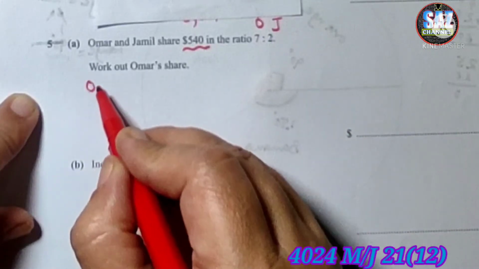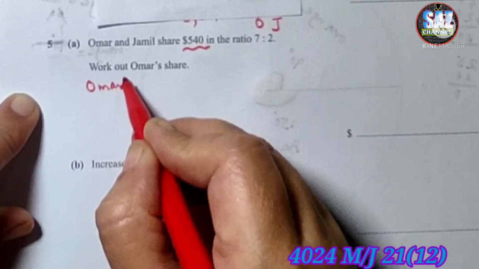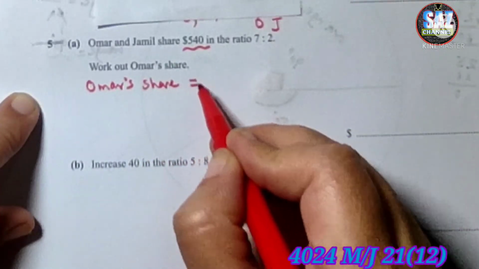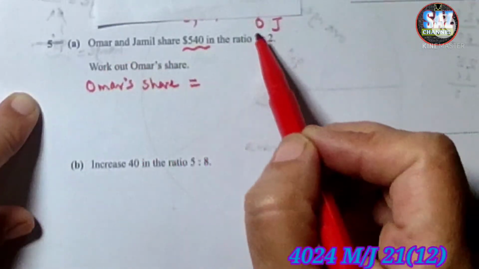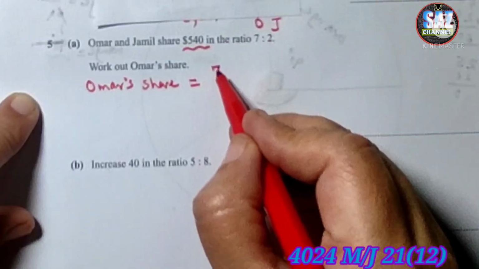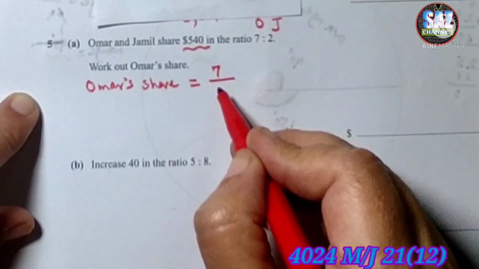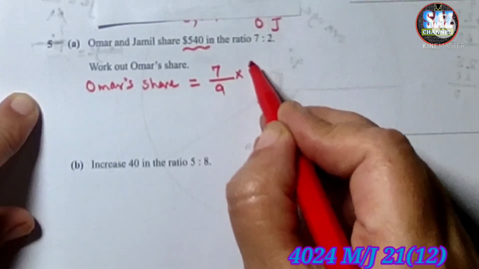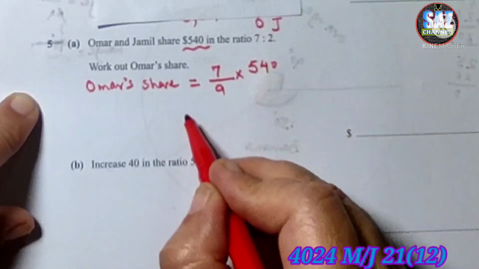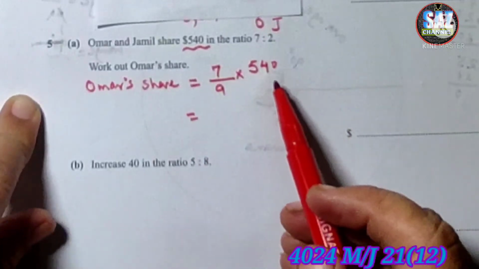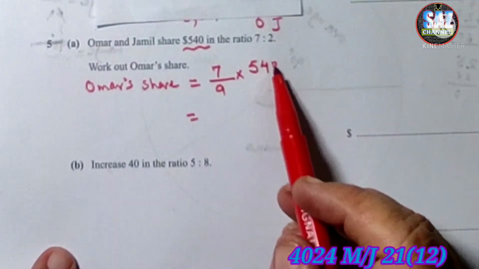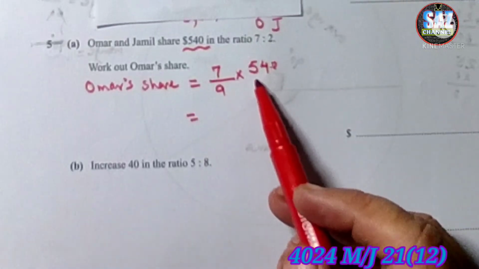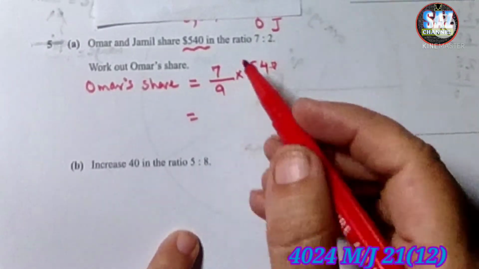So Umar's share will be equal to the proportional part of Umar, that is 7, by the sum of the ratios 7 plus 2, which is 9, multiplied by 540. Again, students, what mostly students do is go for the multiplication of the numerator numbers, and that puts them in difficulty.